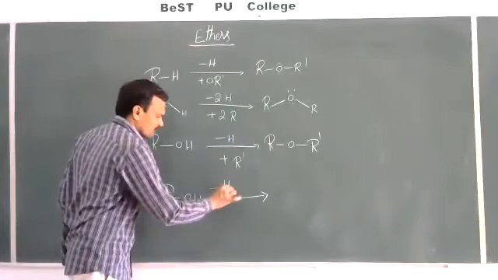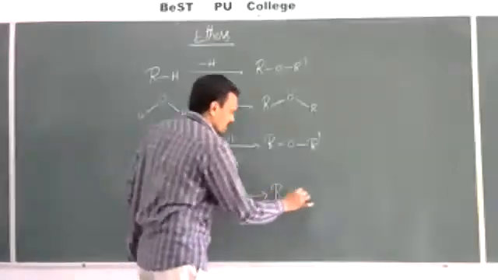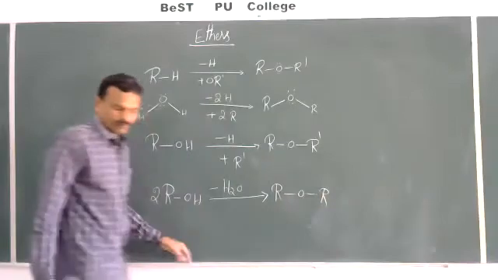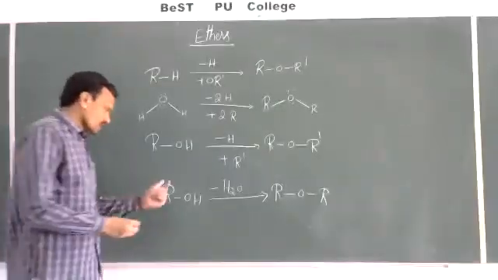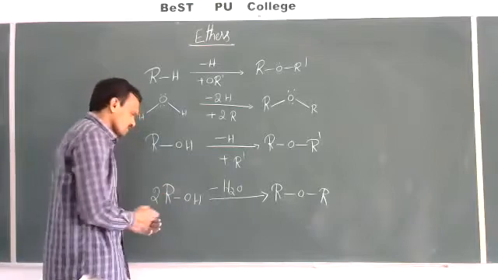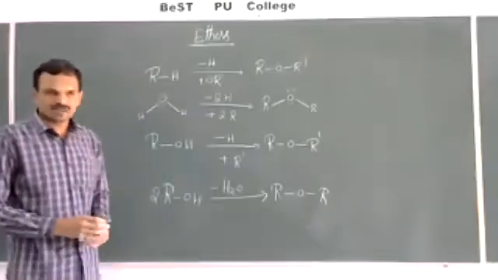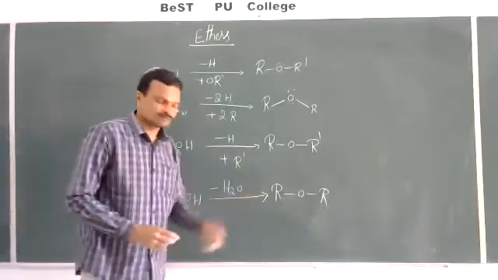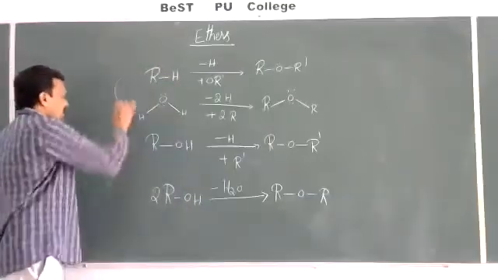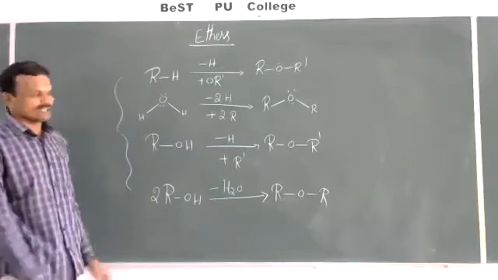If we eliminate a water molecule, then we can get ether. Intermolecular dehydration of alcohols gives ethers. So like this, in different ways we can define ether.